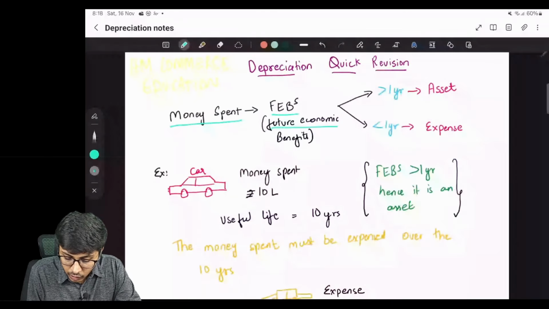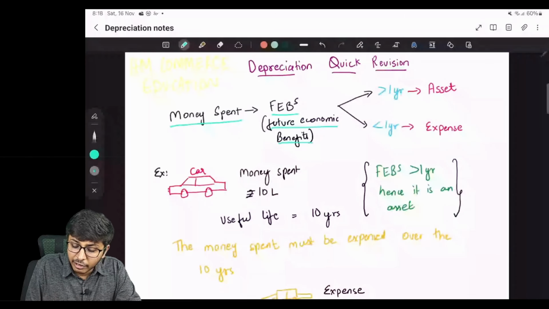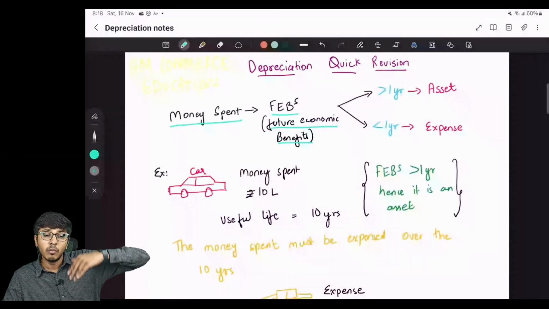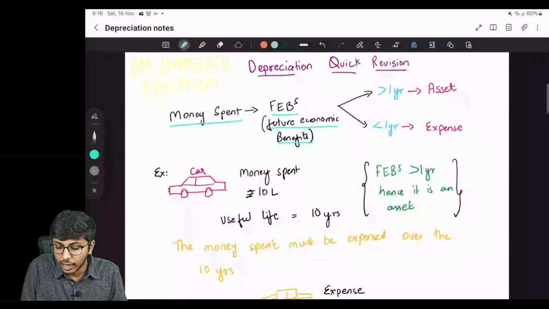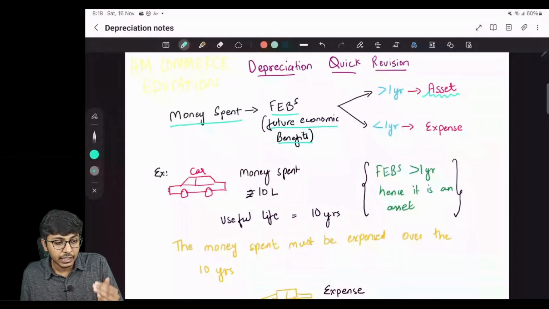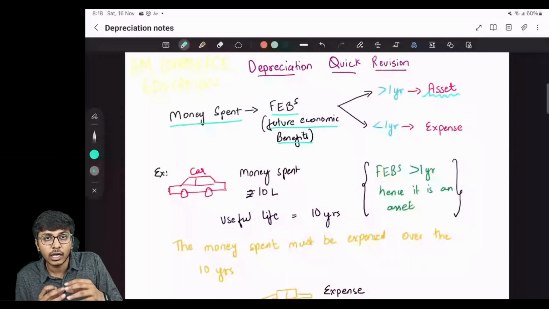This future economic benefits, FEBs, if it is more than 1 year, in one accounting year, one accounting period, we will treat it as an asset, correct?